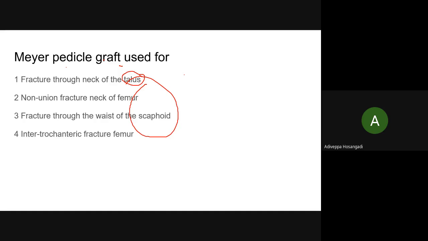After the femoral head, the other fractures which cause avascular necrosis are the talus and scaphoid. Again, please remember, I will draw a diagram of the talus. See, this is the head, this is the body.